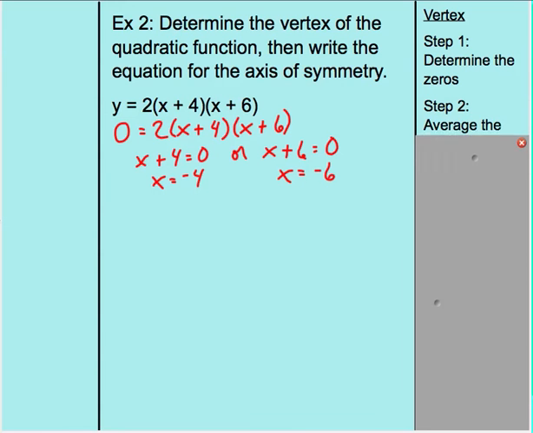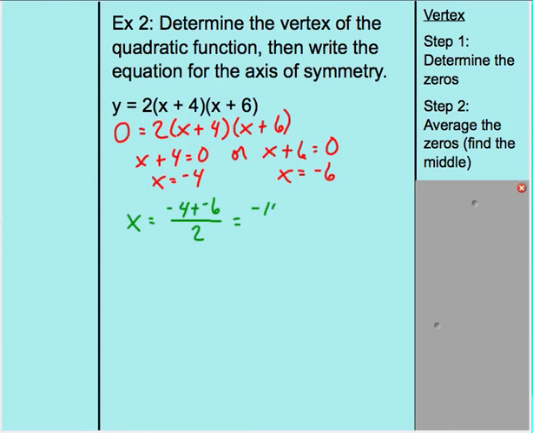Once we have our zeros, we will average them or find the middle, the x-coordinate of our vertex. So we'll take negative 4 plus negative 6 divided by 2. Negative 4 plus negative 6 is negative 10. Negative 10 divided by 2 is negative 5.